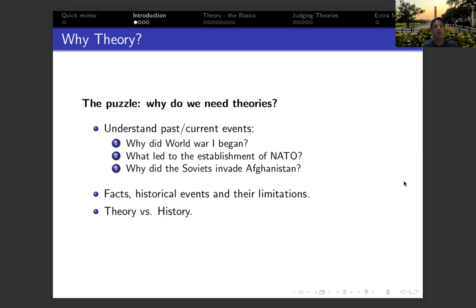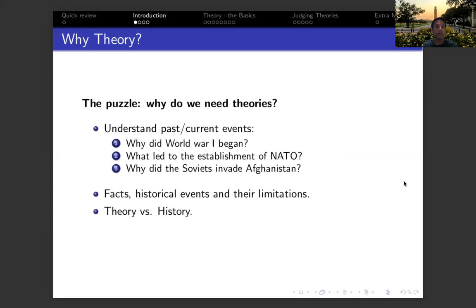So we can use theory to explain not just World War I, we can explain with theory different classes of wars, large wars, insurgency wars, the establishment of international organizations, trade between different types of states. So theory provides us an explanation for larger classes of events. Now, theory can also provide us with projections for those kinds of events in the future.